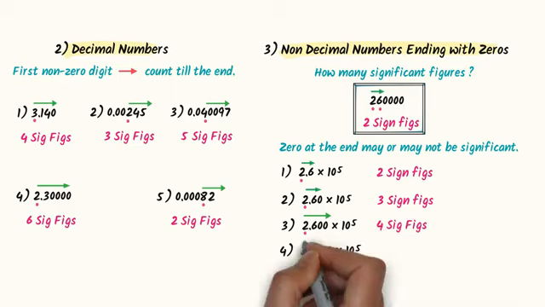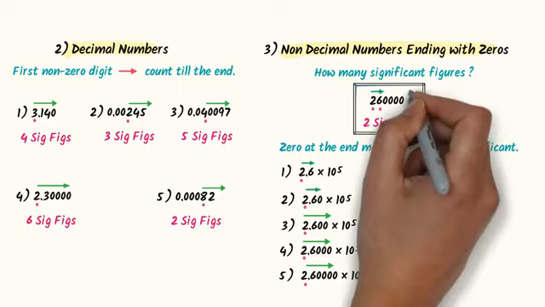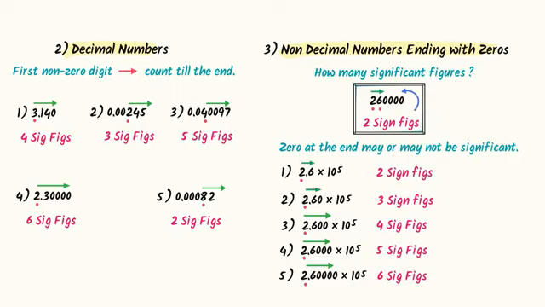In the fourth number, there are 5 significant figures. In the fifth number, there are 6 significant figures. So this number has different significant figures if we express it in scientific notation. Thus, by using scientific notation, we remove all ambiguity. This is why scientific notation is very important.